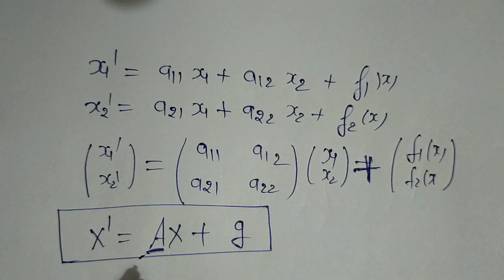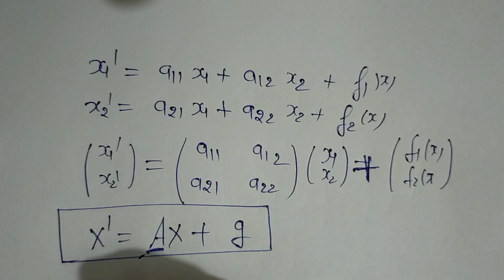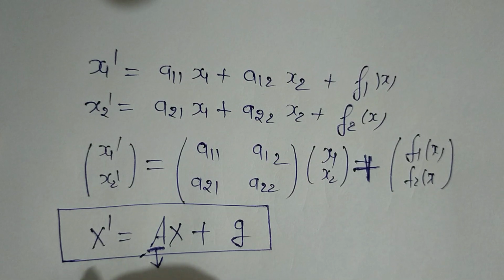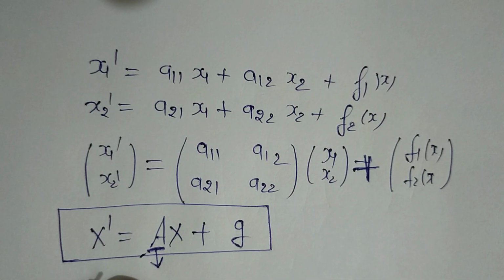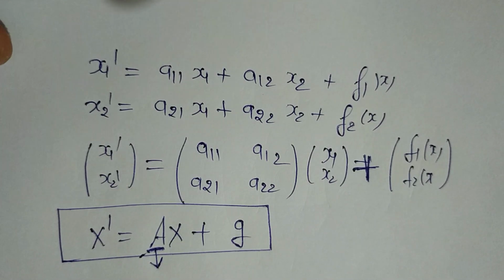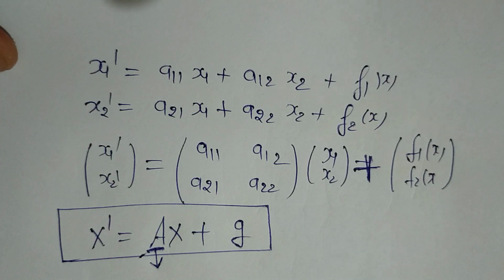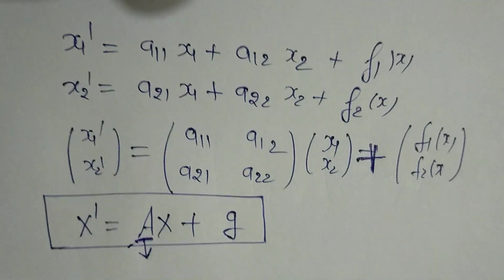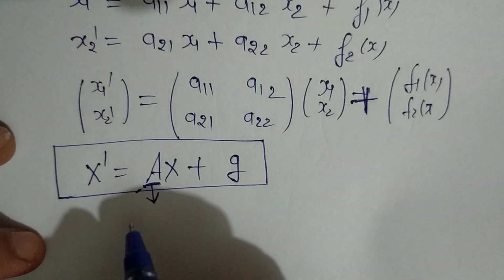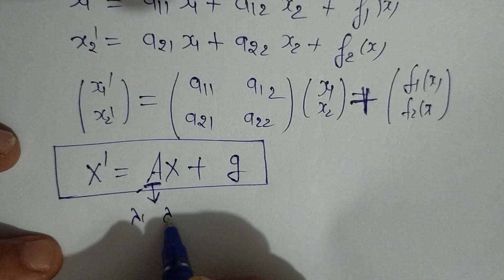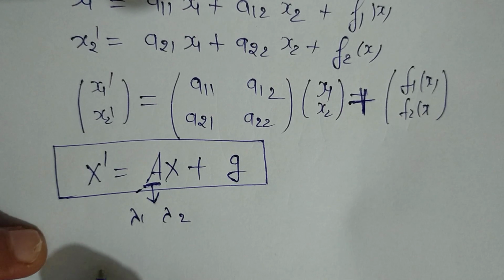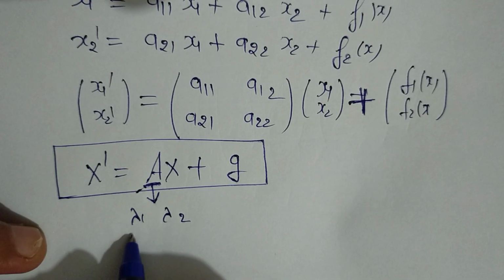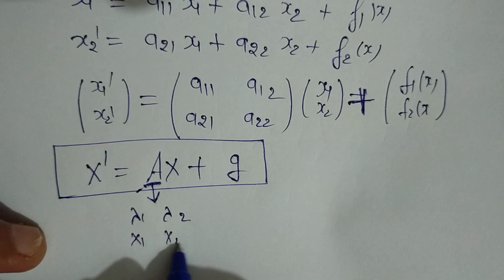Now how to solve this? First we find the eigenvalues and eigenvectors of this A matrix. Here we have two equations, so we get a 2 cross 2 A matrix, and we get two eigenvalues, lambda 1 and lambda 2. Corresponding to lambda 1 and lambda 2, we have eigenvectors x1 and x2.